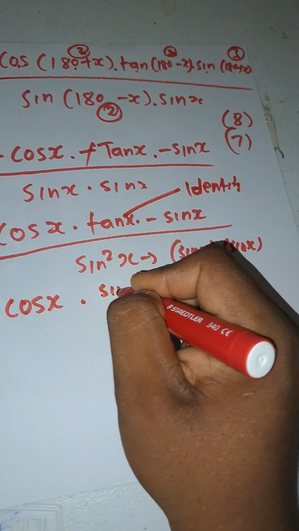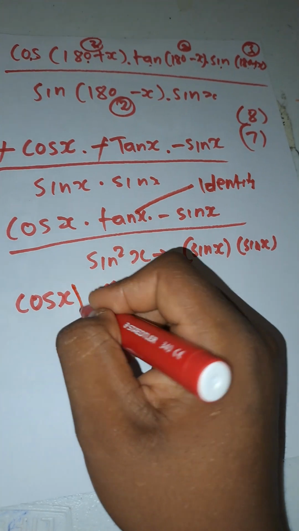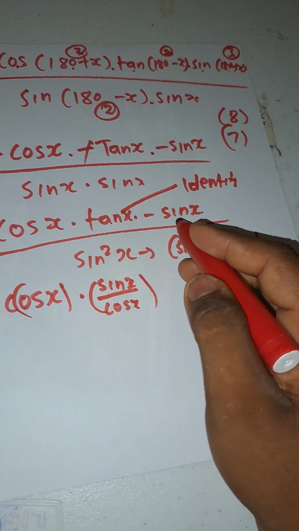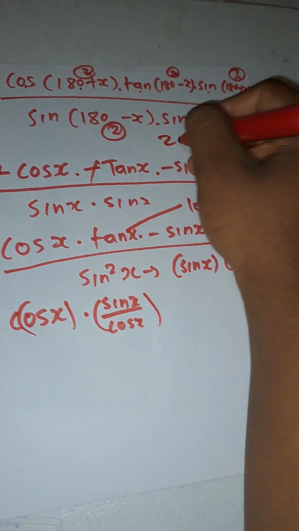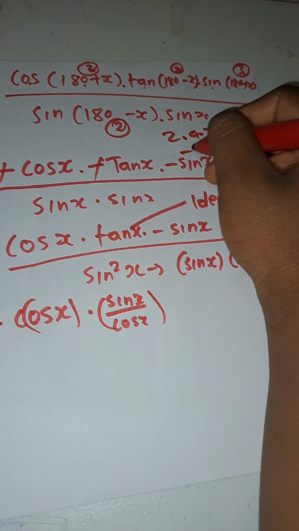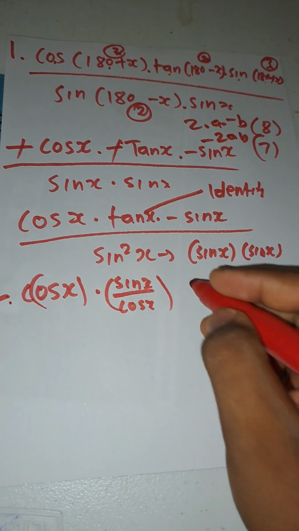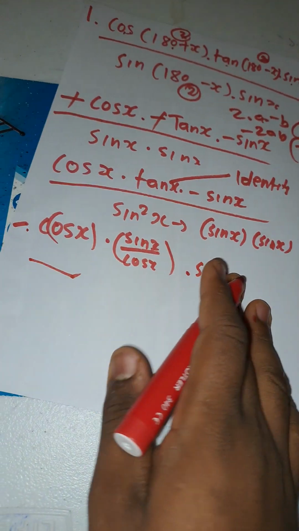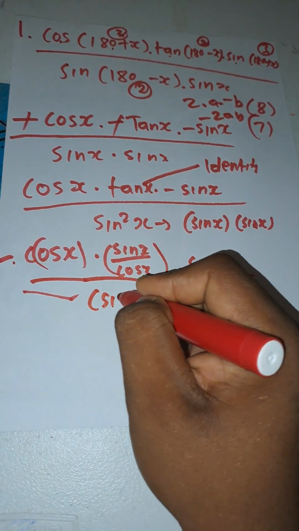So it is sine x over cos x. And then the last one, which is negative sine x. Since this is a negative, I can put it here at the end, because 2 times a times negative b is negative 2ab. So I will put the negative in front, then times sine x over sine x.